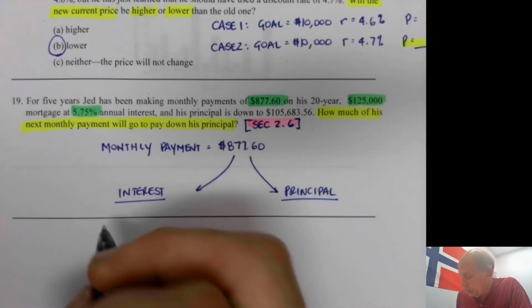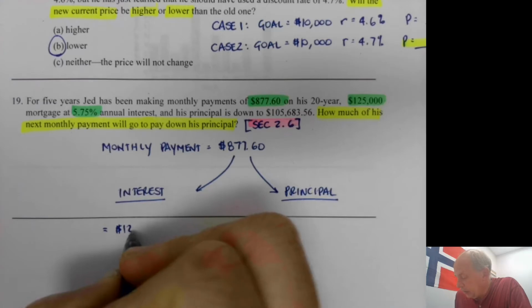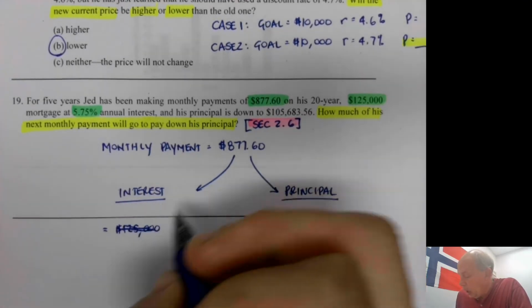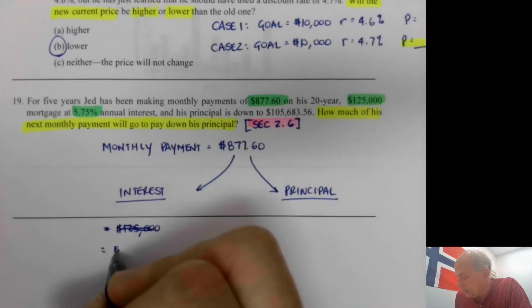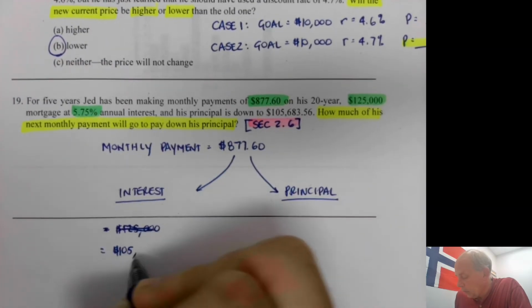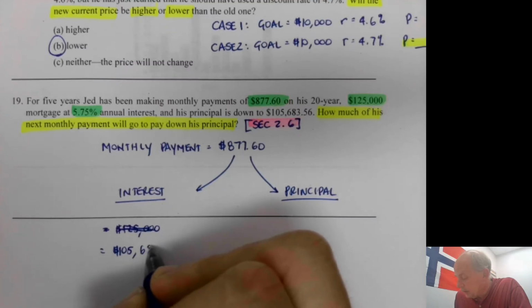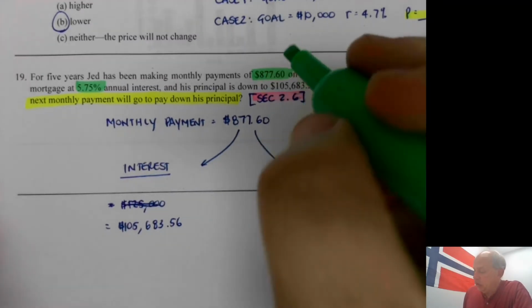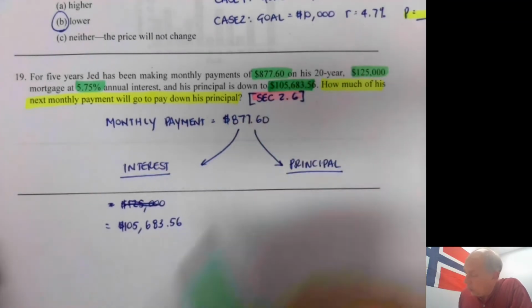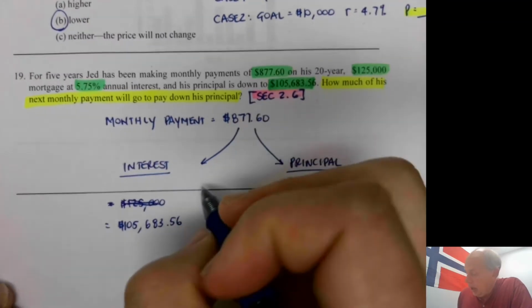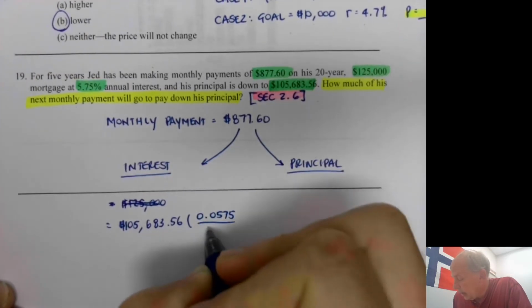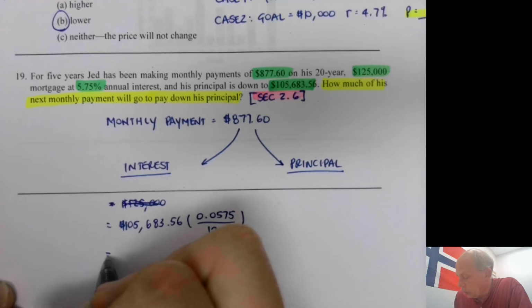My interest portion of this monthly payment, I'm going to take $105,683.56. This value right here, how much I owe on the loan today. I'm going to multiply it by my interest rate, and I am looking at just 1 month.